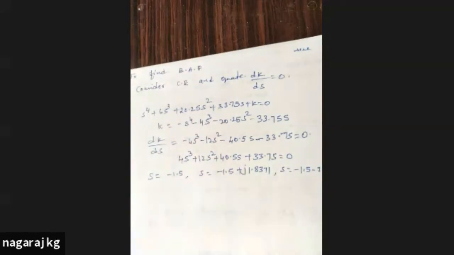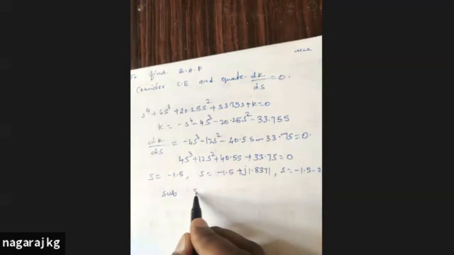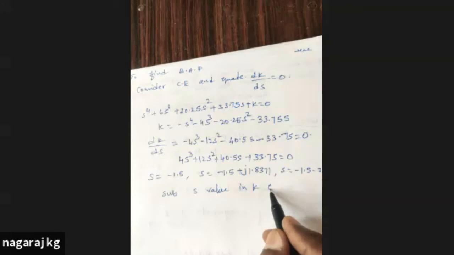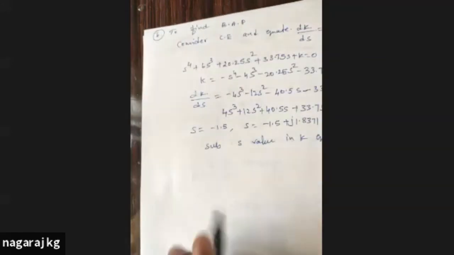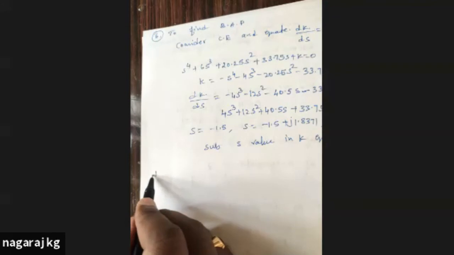Okay, these are the 3 s values you got. Once you get this, whether these are all breakaway points or not, in order to conclude this, you have to substitute the value of s in the K equation to check the breakaway point.